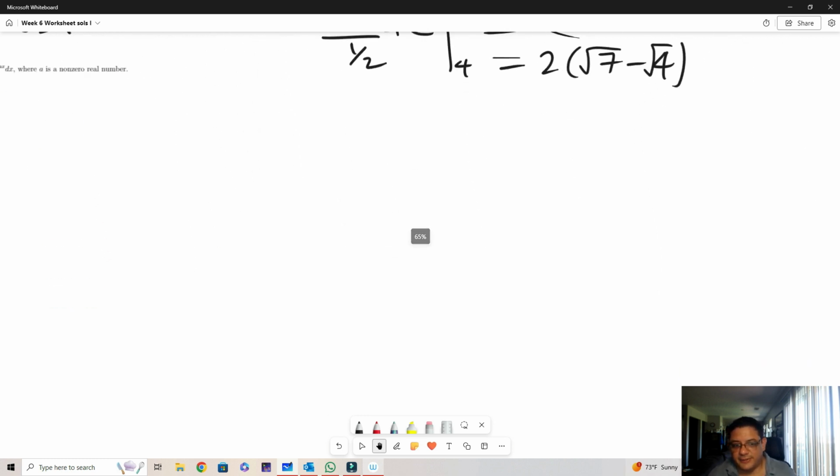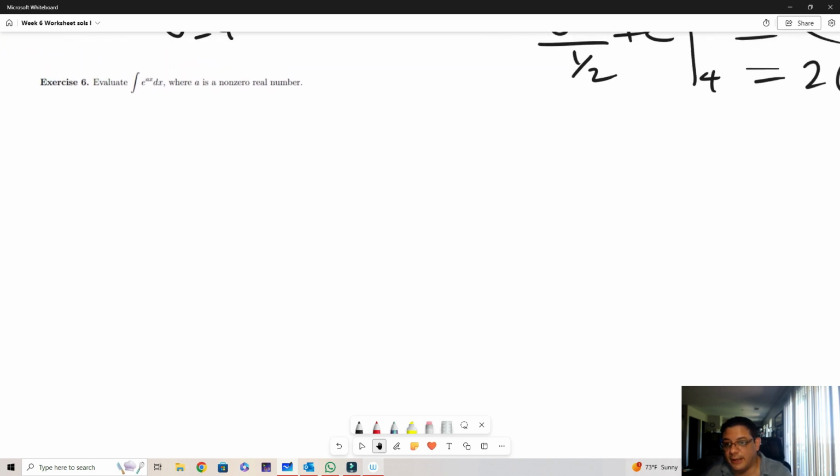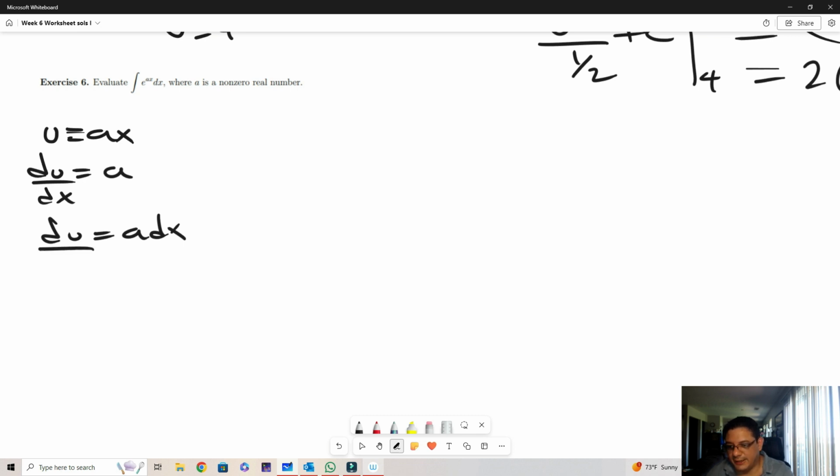Now, exercise 6, we want to evaluate the integral of e to the ax, where a is a non-zero real number. So we have a substitution here as well. u is just equal to ax, and the derivative of ax is just going to be a. So then du is just going to be a dx. But because we don't have that, then we can just write du over a equals dx.